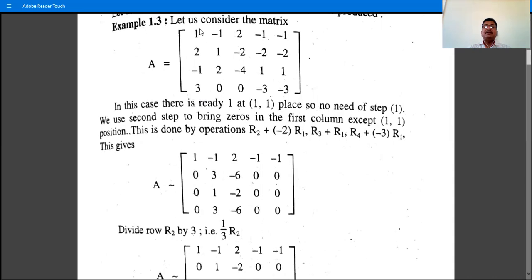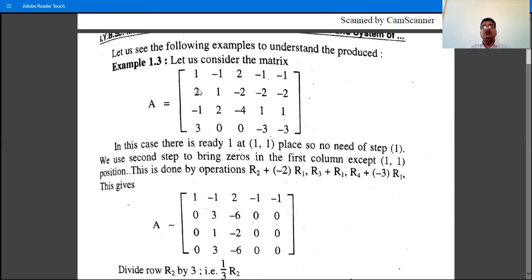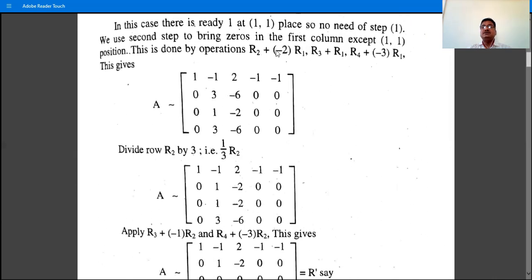So make this first element 1, then reduce all the elements below it to 0 by using this leading 1. Already there is 1, so we have to reduce these three elements, 2, -1 and 3, to 0. So use these three operations.